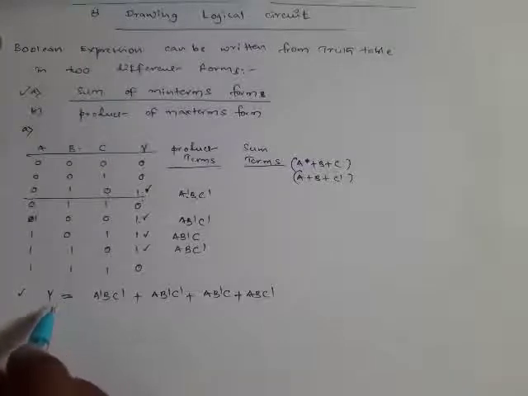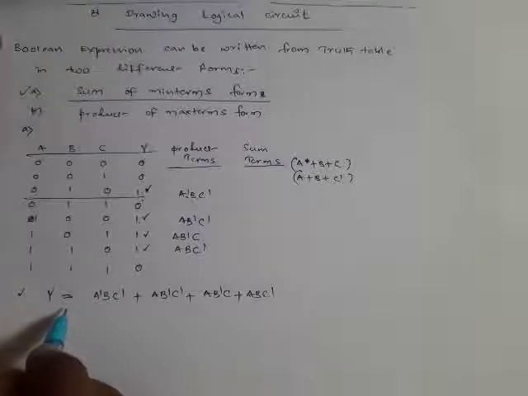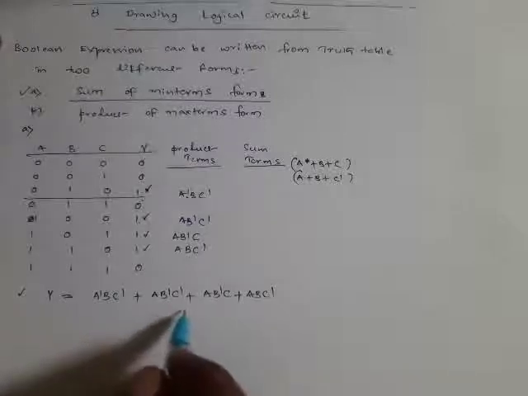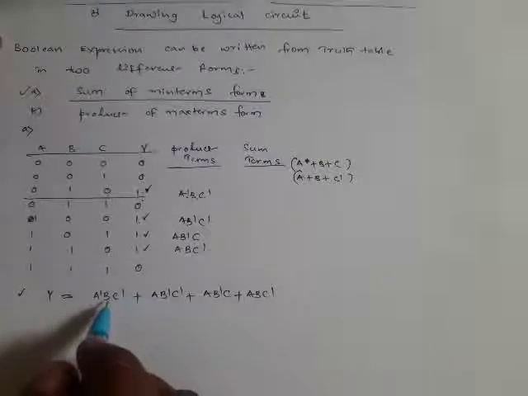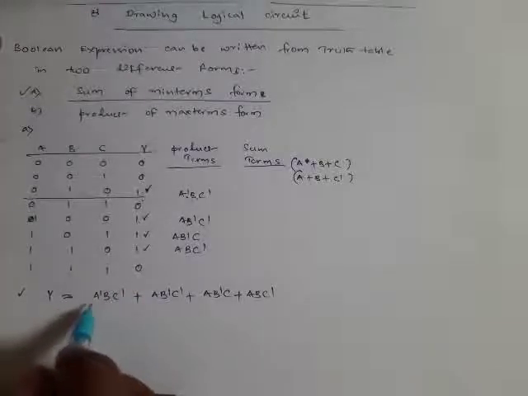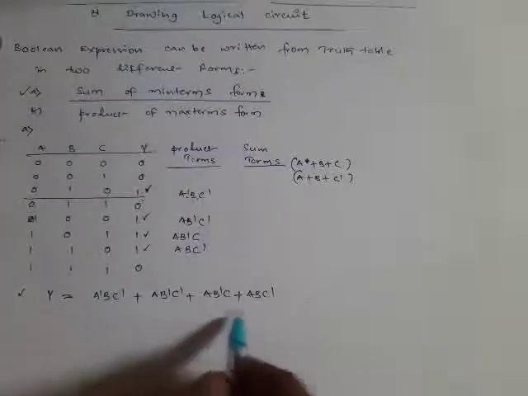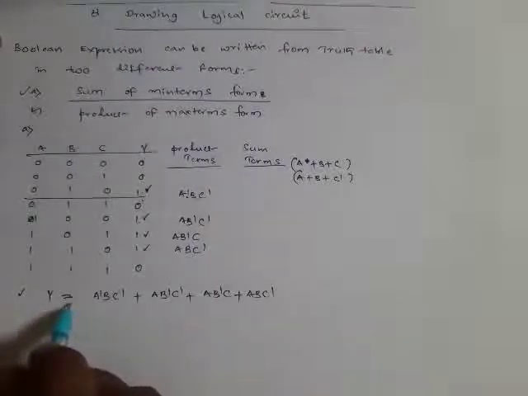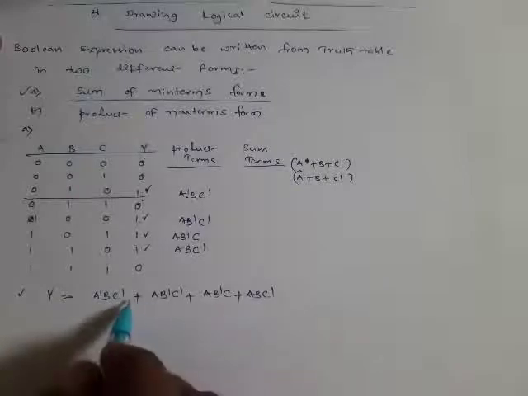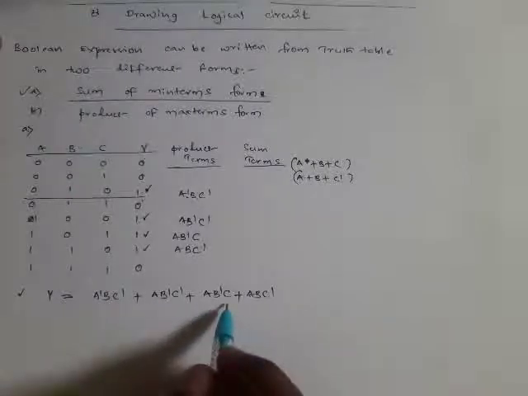Whenever you want to draw a logical circuit for the expression, you can draw it directly from the expression obtained from the truth table. But since this is not simplified, the circuit obtained may not be economical.